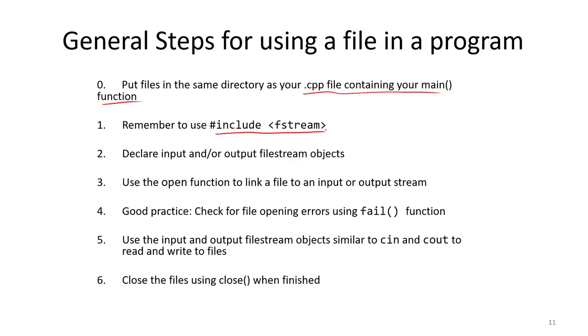That allows us to create file stream objects, which are needed in order to manipulate data files. Next, we declare input and/or output file stream objects. So if you read from a file, you need an input file stream object.